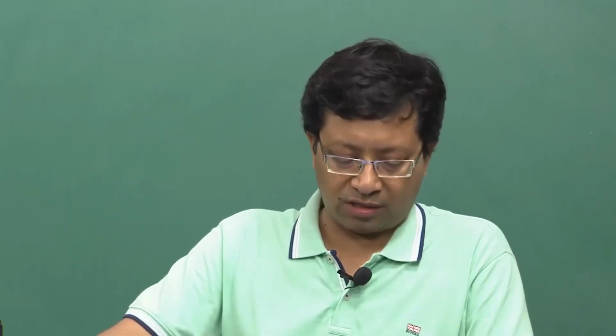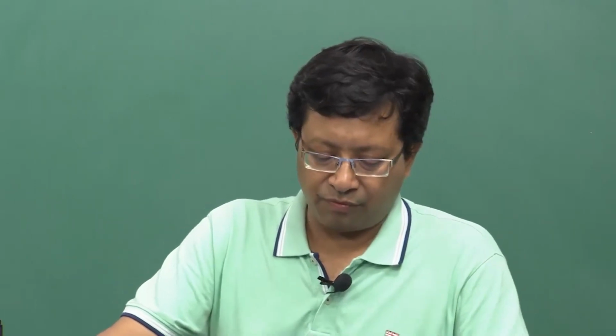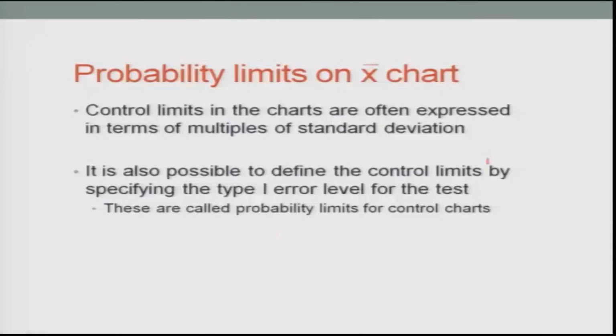So, continuing this, it is also possible to define the control limits by specifying the type of errors. Now, I will pause here. If you remember when you had done the OC curves, the alpha, beta, type 1 error, type 2 error, the level of consumer risk, producer risk, it basically means that there are some good items which are being rejected and there are some bad items which are being accepted.